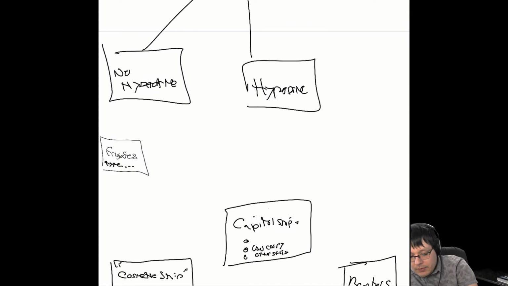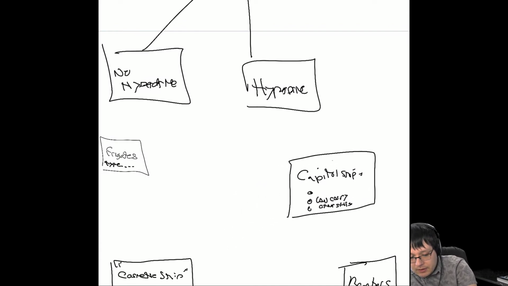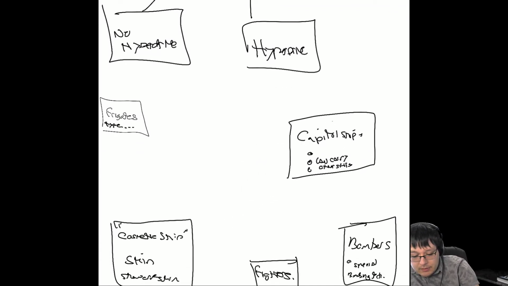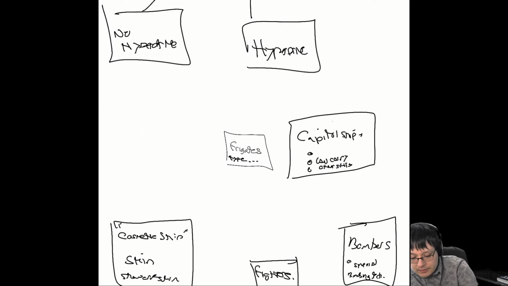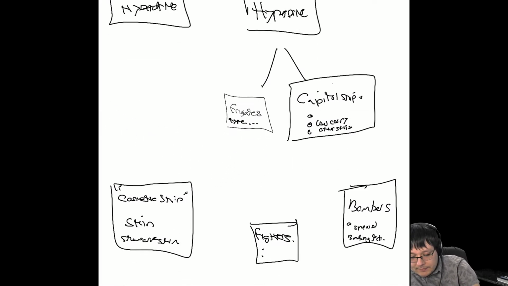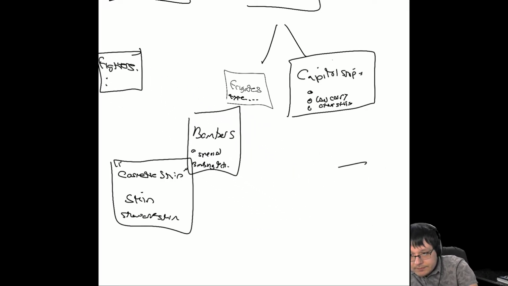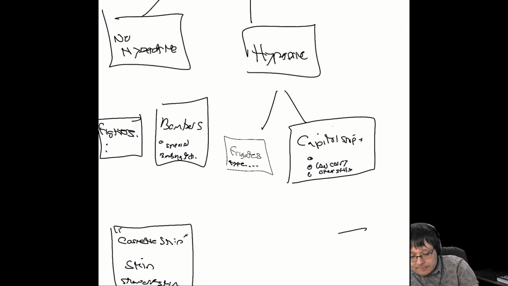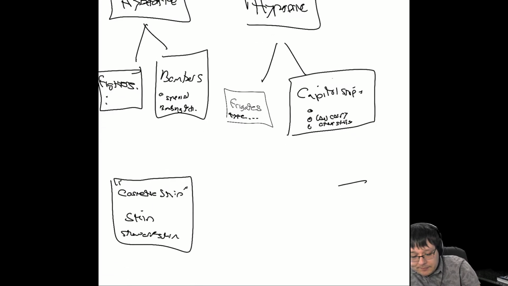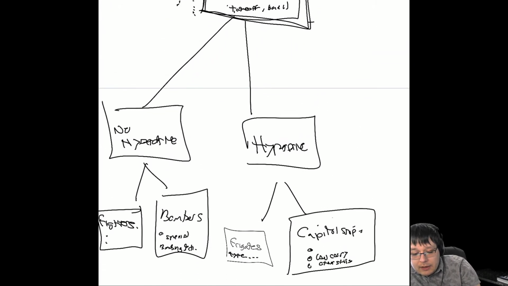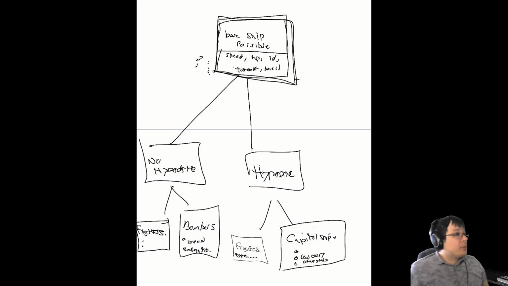And then from there, we can group and say the capital ships are here. And then we have the frigates here, like that. And then we got the fighters and bombers here and here. Okay? Like that. So now we got a little hierarchy of the different types of ships, okay?